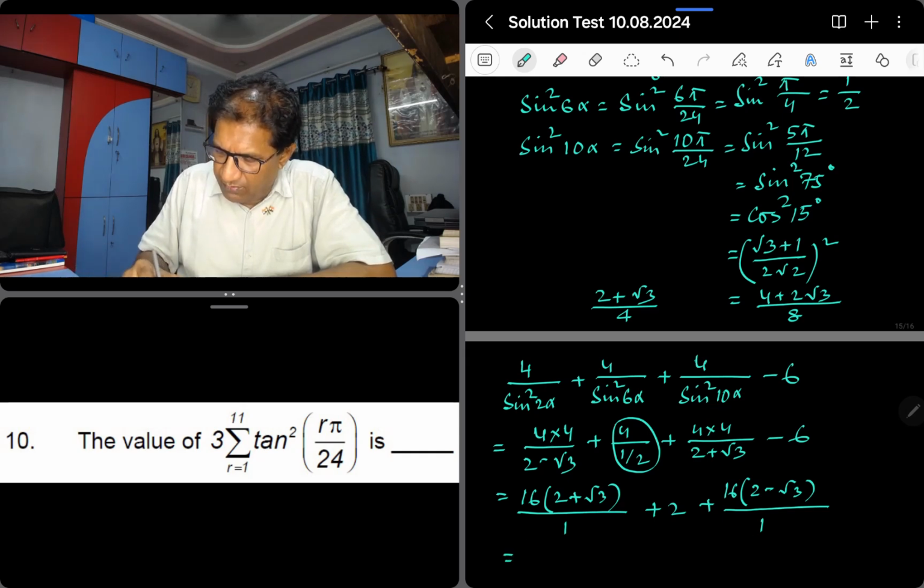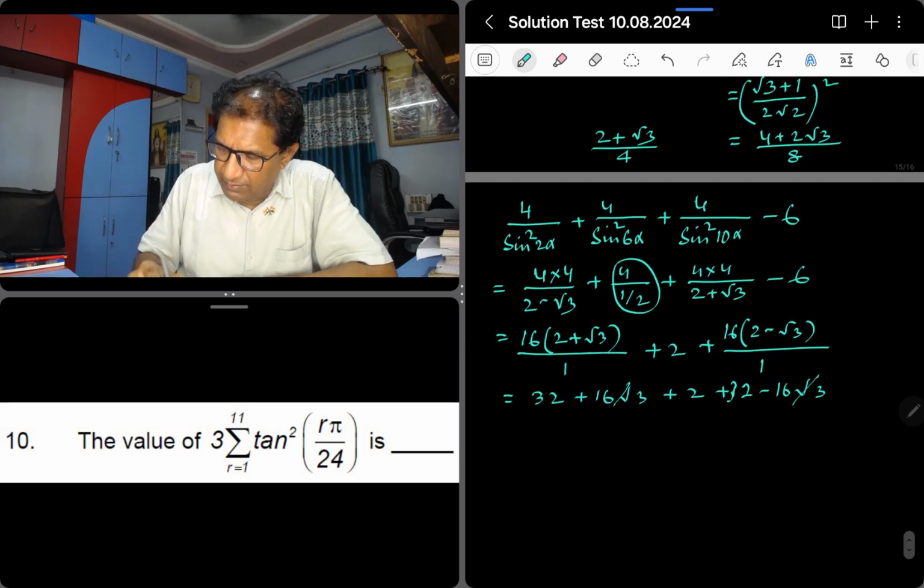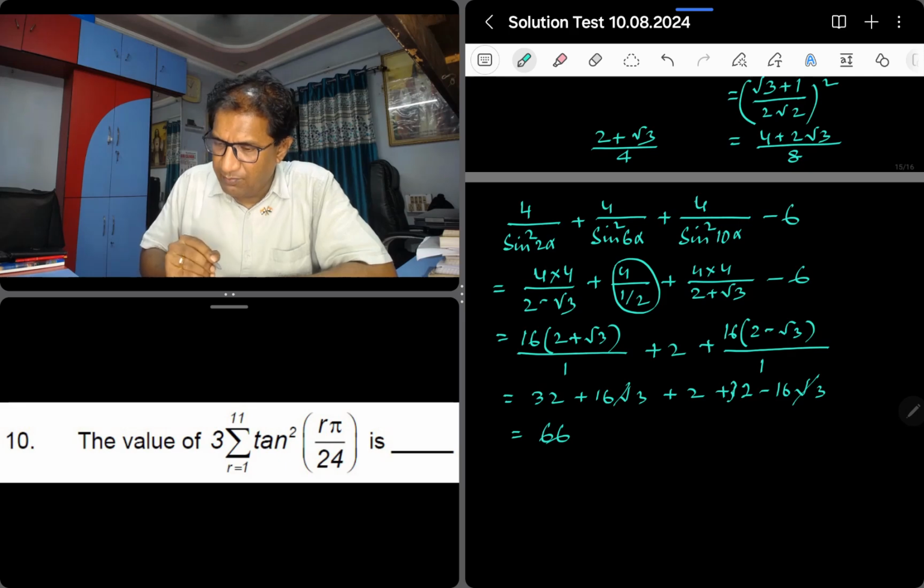So ultimately we are going to have 32 plus 16 root 3 plus 2 plus 32 minus 16 root 3. So this and this goes off. So we are left with 32 plus 32 is 64 plus 2 is 66, right?